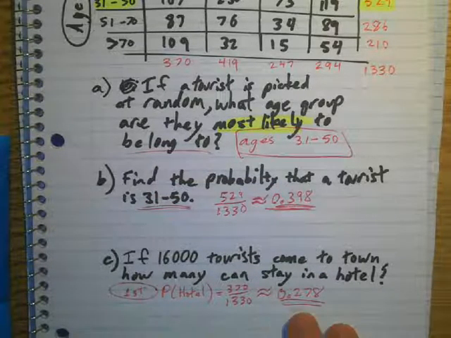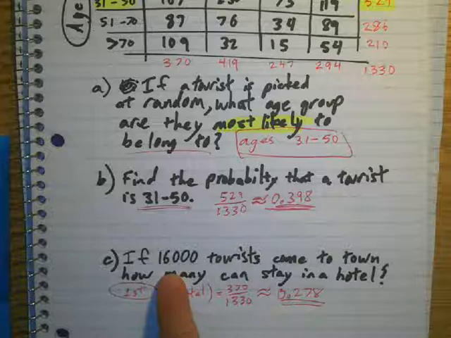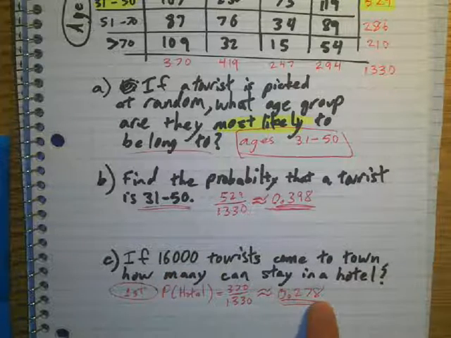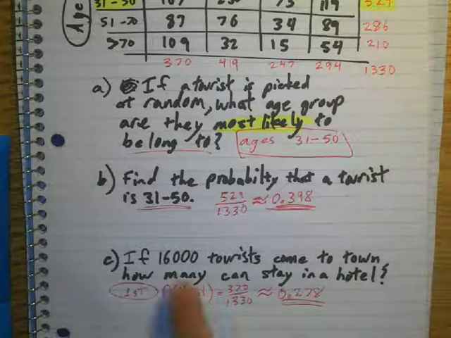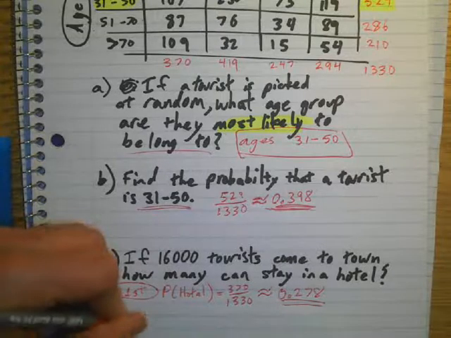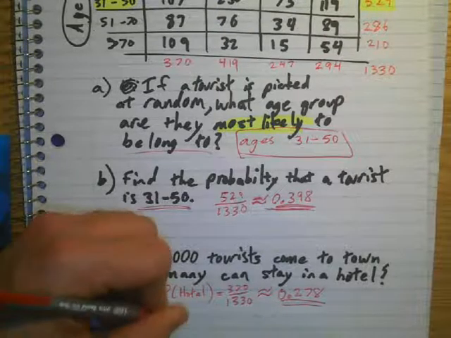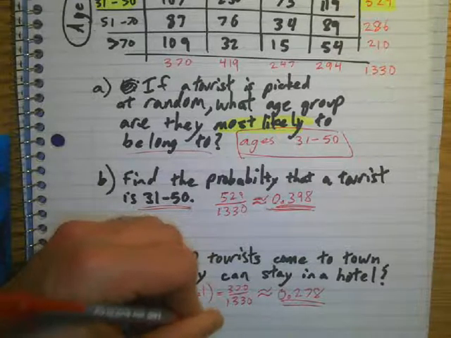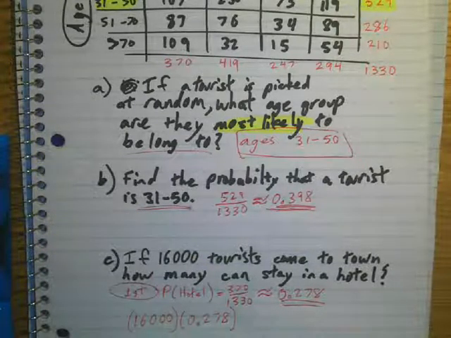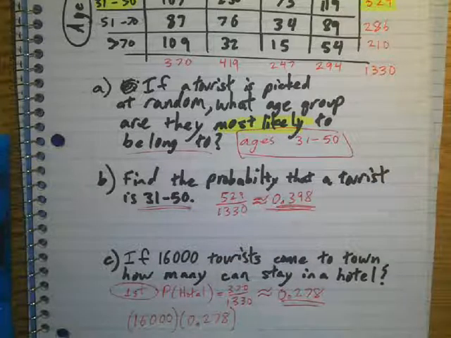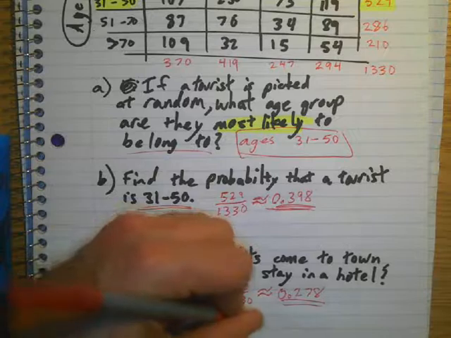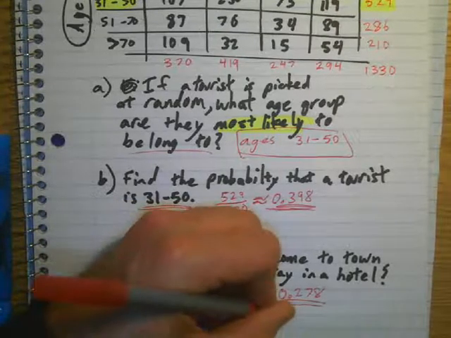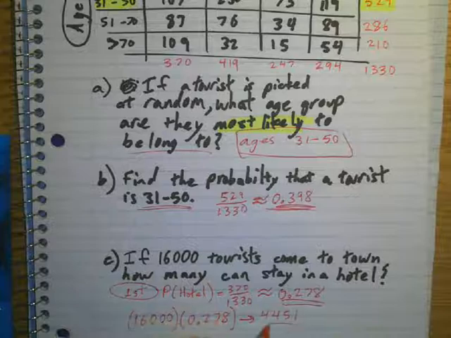Okay. Now, if I've got 16,000 tourists, how many of them can stay in the hotel? So I can multiply this ratio times 16,000, and we get 4,451 tourists.